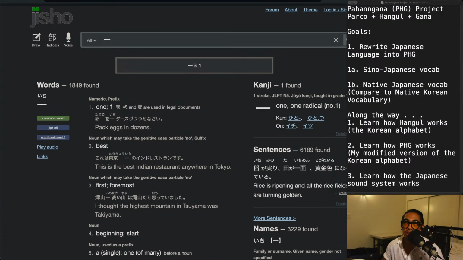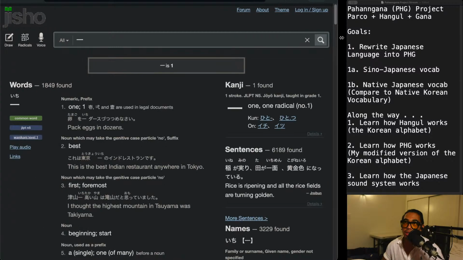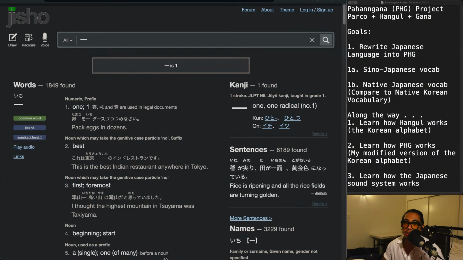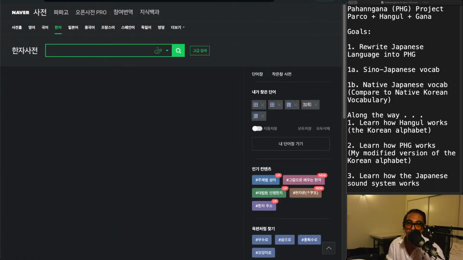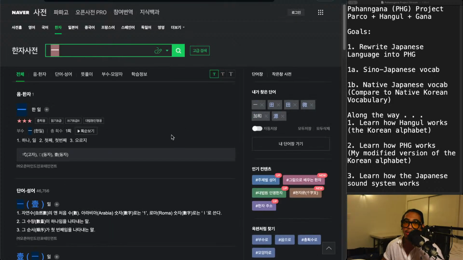Jisho also says that we have ichi and itsu right here. And we can look at the Korean hanja. This is the Naver dictionary, and this one comes out to il. The thing about Korean is there's usually just one pronunciation of the character, whereas in Japanese, we may see multiple pronunciations of the Chinese character.